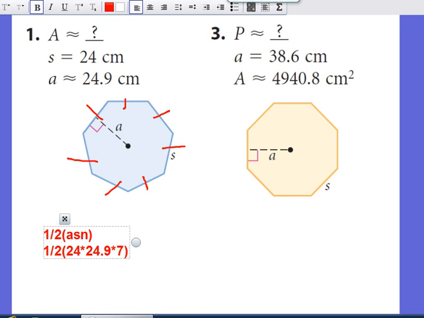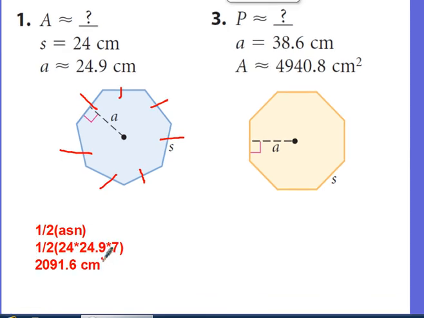So go ahead and do that. And you should get 2,091.6 centimeters squared.